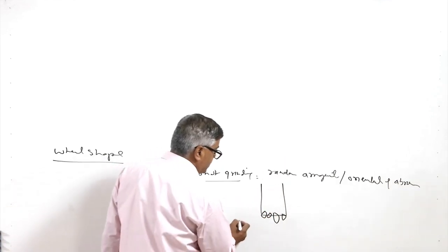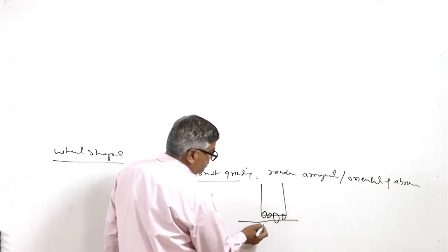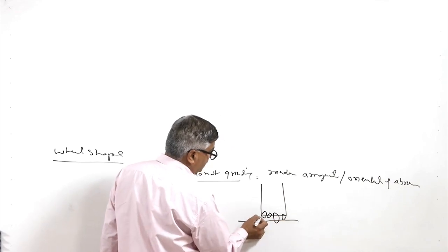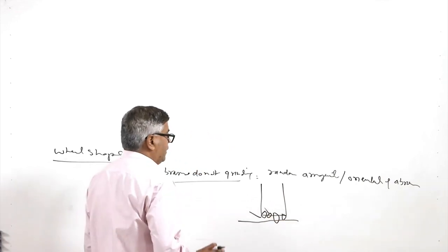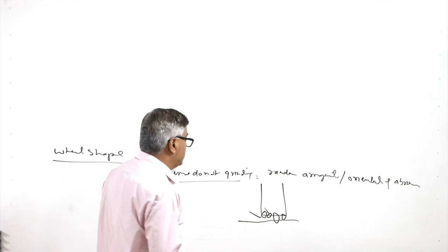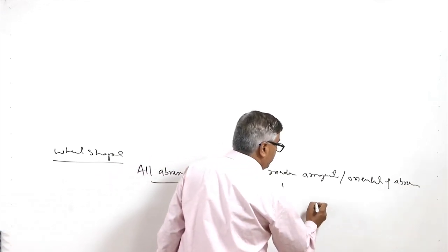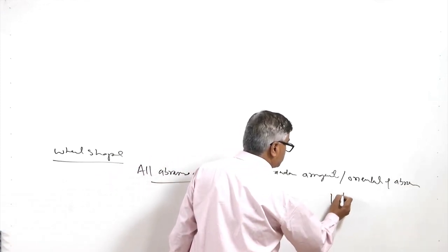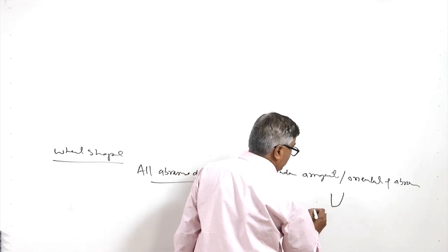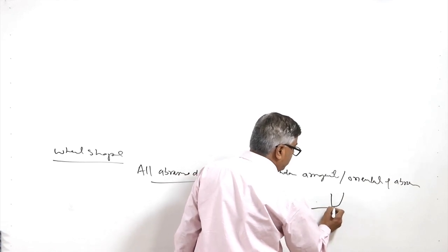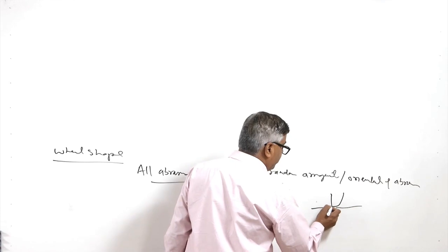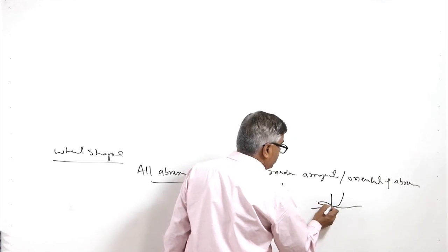So, if we see this scenario, maybe 2 abrasives will be performing cutting, and these 2 will not be performing cutting. So, how will the cut be performed? The abrasives will get inside the workpiece, and it will be forming the chip in this form.